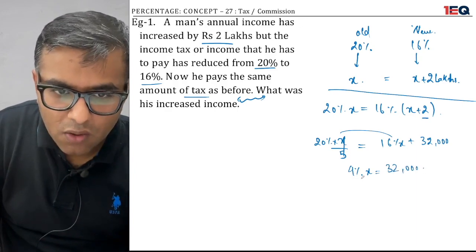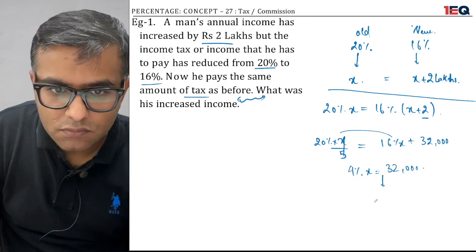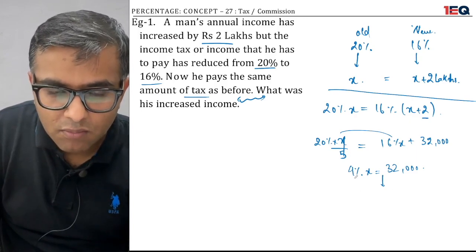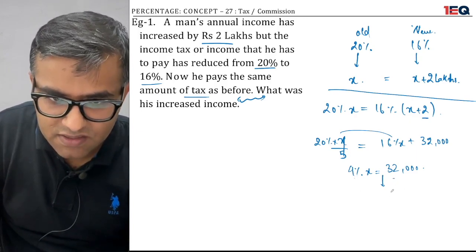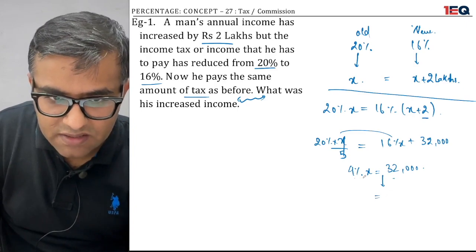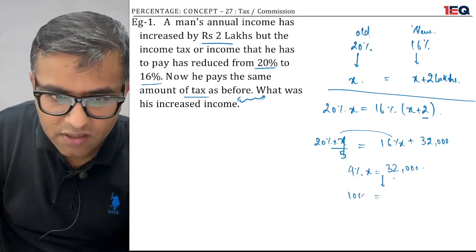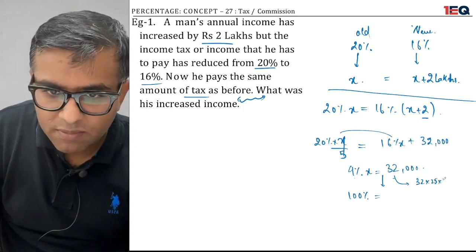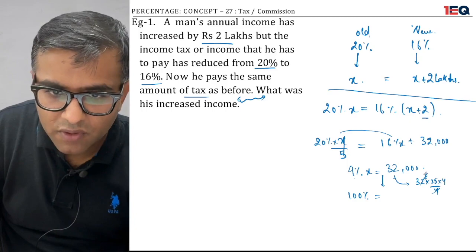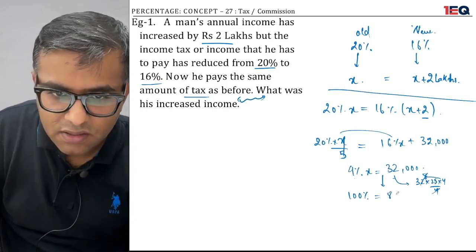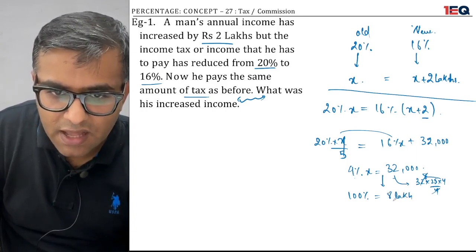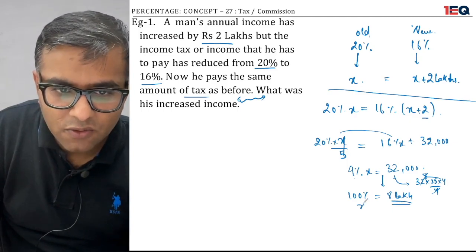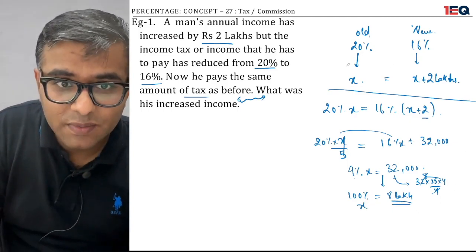Now let's make it to be 100%. Multiply this by 25, multiply this by 25, and you get 100%. Multiply 32 by 25, 4 8s are, this is 800. This means 8 lakh rupees is the value of x. And what was my x?